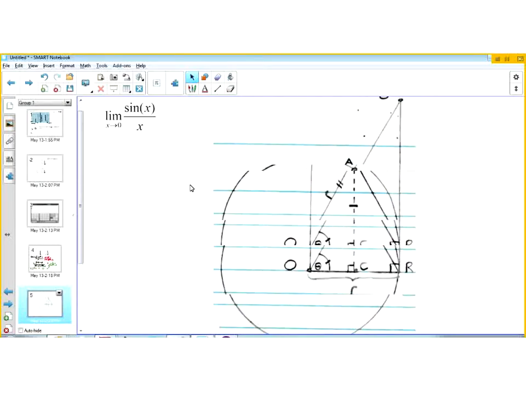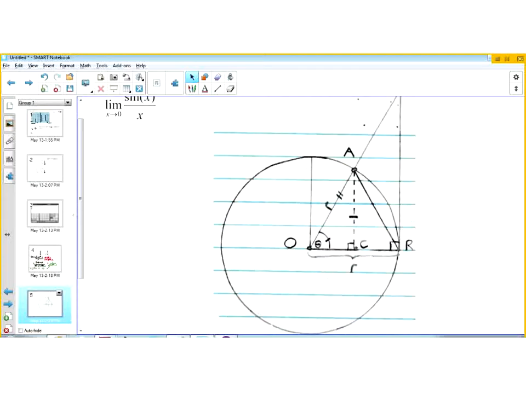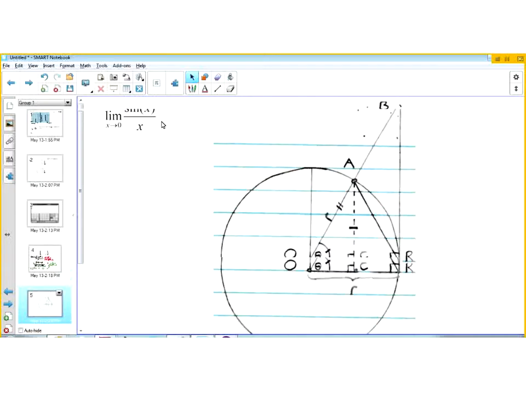All right, so here we have a circle of radius r. And here's the origin of the circle drawn in the xy plane. And I've got a couple of drawings built into this circle.